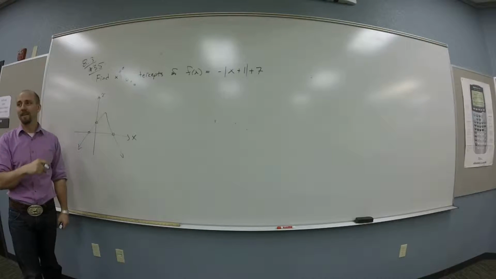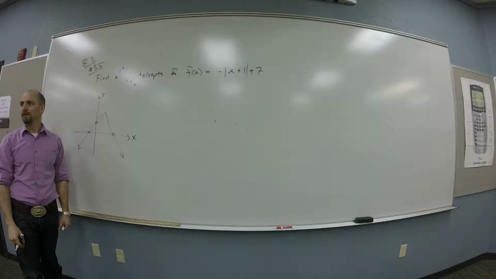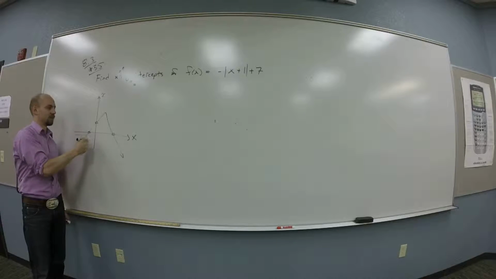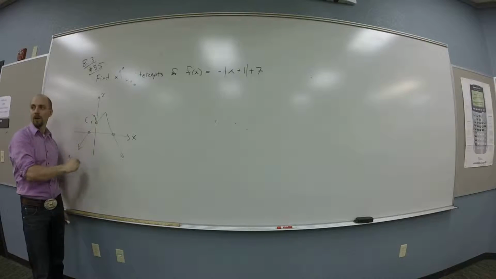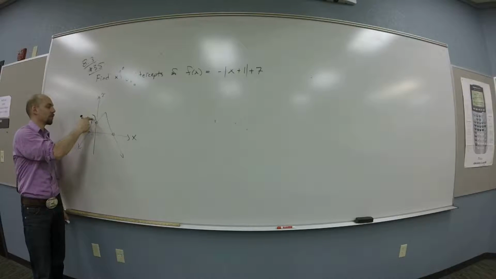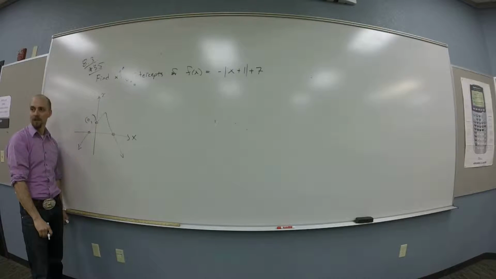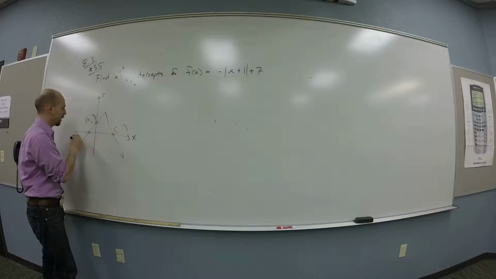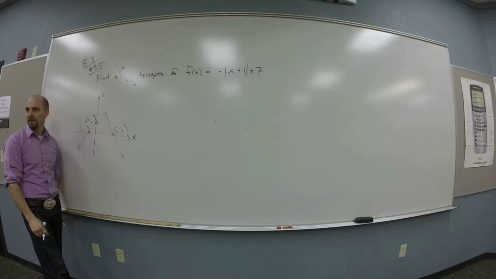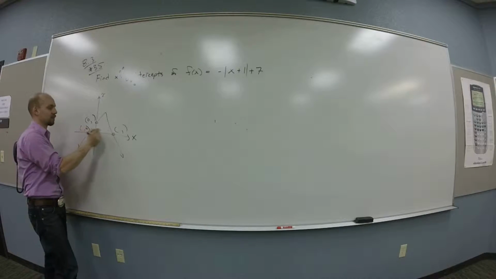What do I think there? How am I going to get that out of this picture? Do you know anything about that point? Just put a 0 on. It's going to be 0 comma something, right? How about these two guys? Those are going to be something comma 0, something comma 0, right?